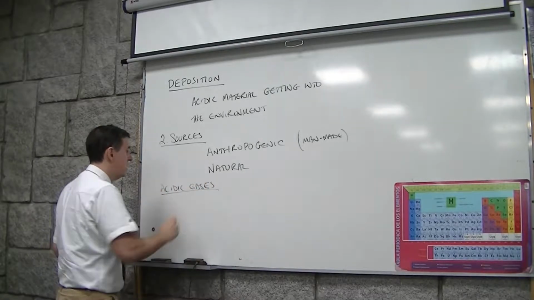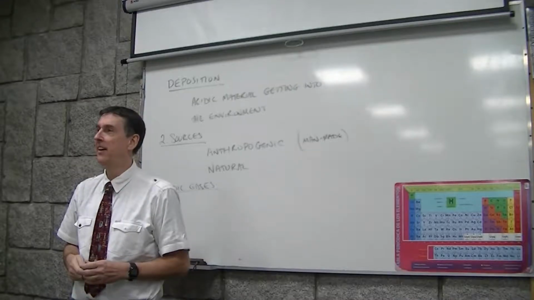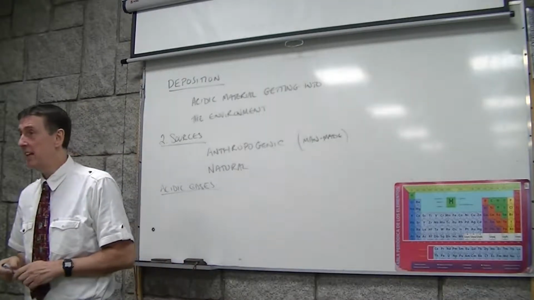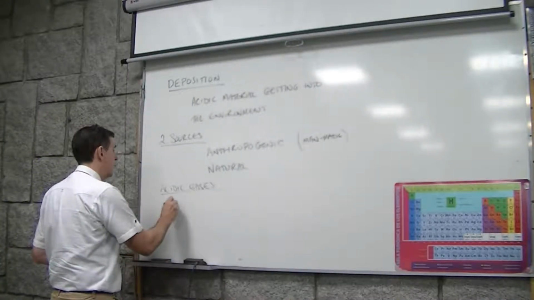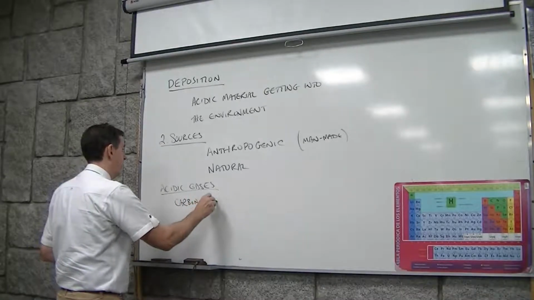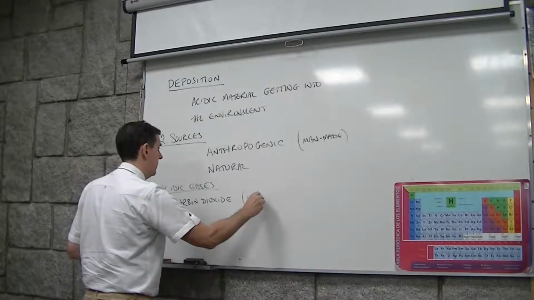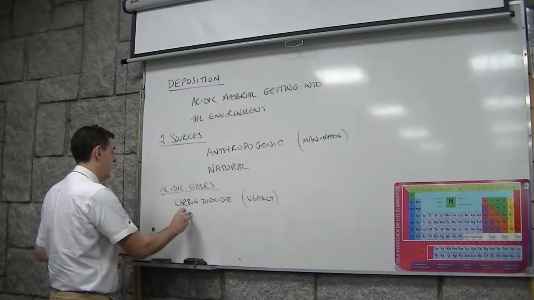Nitrogen is not an acidic gas. Go to the bottom of the class. Carbon dioxide is a weakly acidic gas. Sulfur dioxide. It's very weakly acidic.